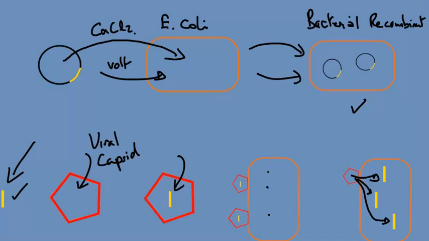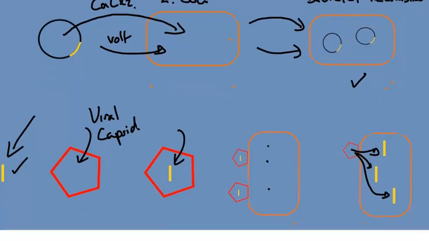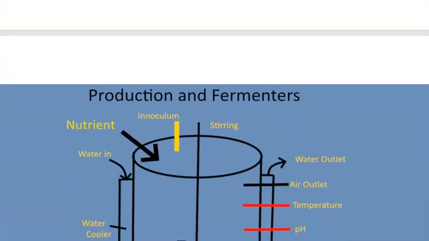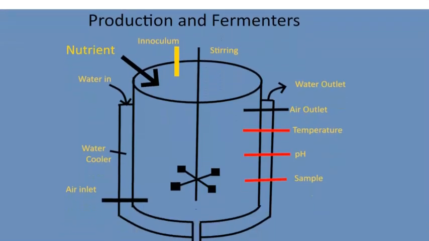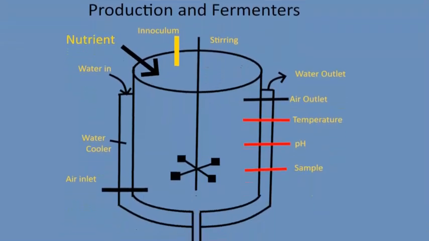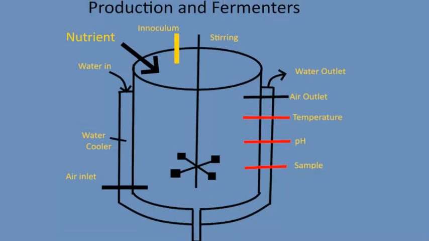Now we need to move forward to the actual production of the human insulin, and this is achieved using a structure called a fermenter. The fermenter will begin with introducing the culture of transformed bacterial cells, the inoculum, into the fermenter itself.